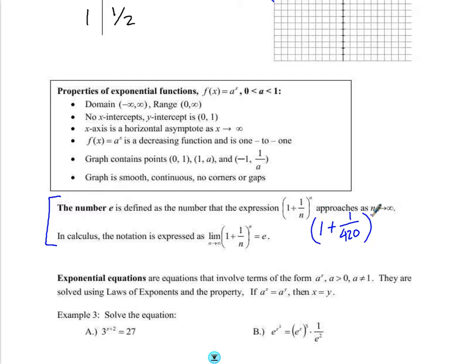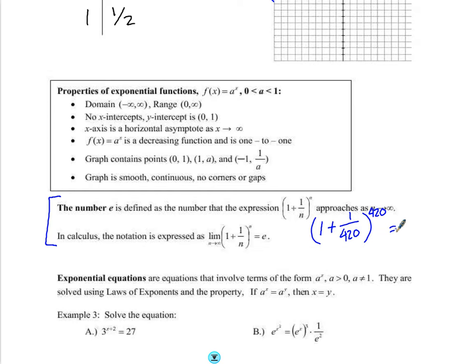All right. Now, in my calculator, in my head, 1 over 420, what's that going to be equal to? Almost 0, right? Basically really small. And something really small plus 1 is something that's a little bit greater than what? Bigger than 1, right? A little bit bigger than 1. And then that raised to a really big number is going to be what?